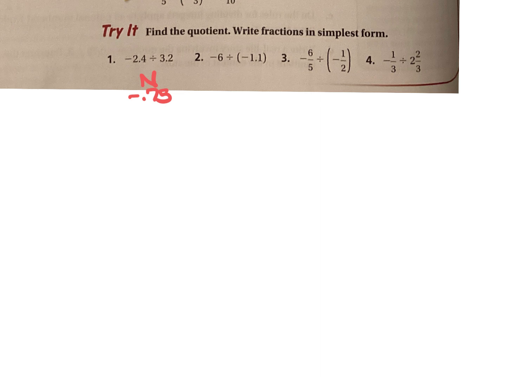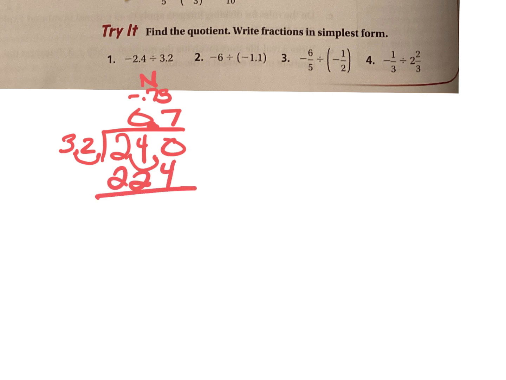longhand also. So I know I'm going to get a negative, so it's 2.4 divided by 3.2. I got to get rid of that decimal, so I move it over 1, move that over 1. 32 doesn't go into 24 at all, so I have my 0. It goes into 247 times. So then 32 times 7 is 224.